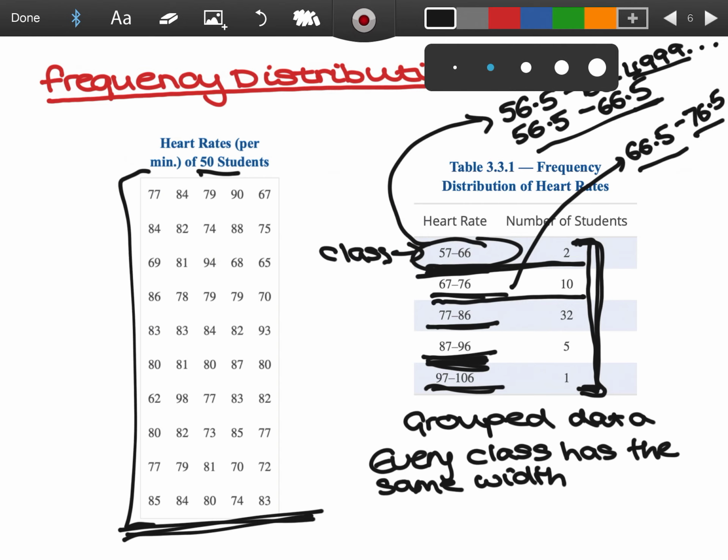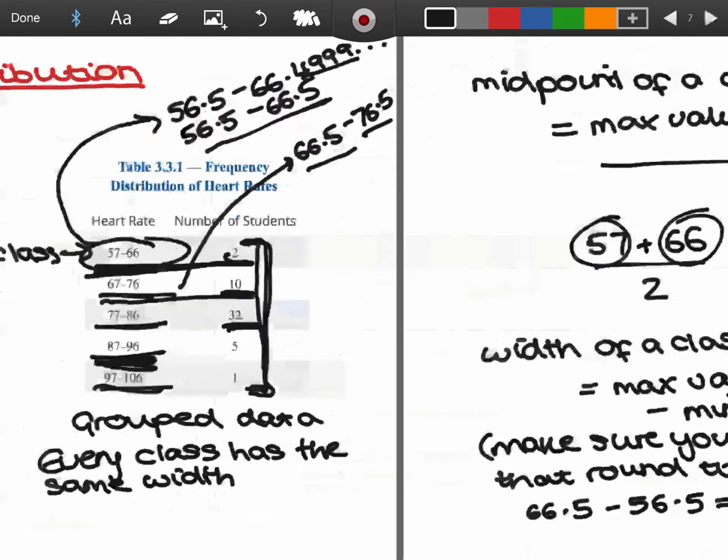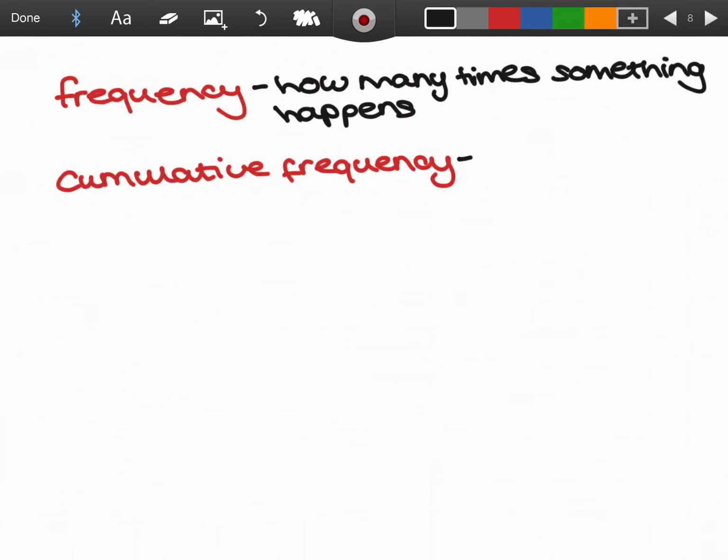So if someone says to you in this example, what is the cumulative frequency of the class 77 to 86? I would take the frequency of that class and add it to every other frequency of the classes that come before it. So I would do 32 plus 10 plus 2.